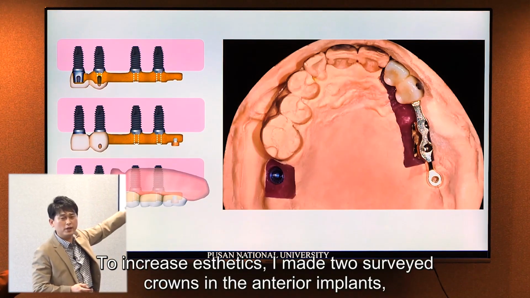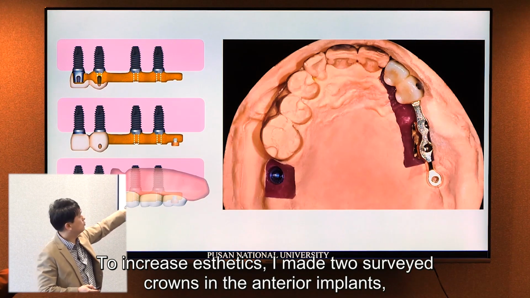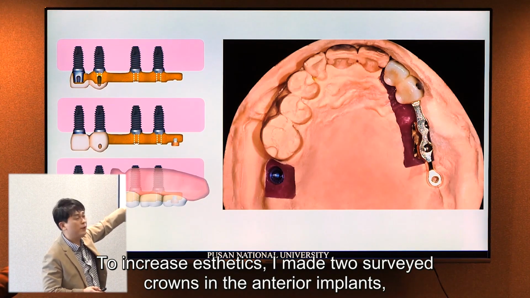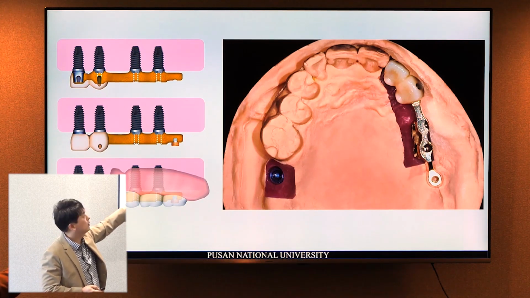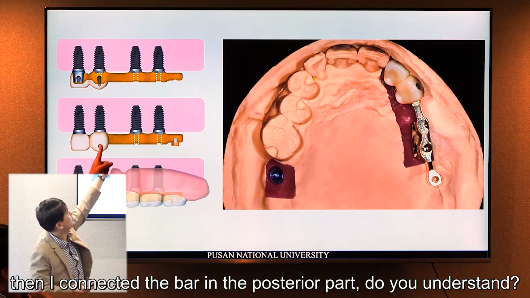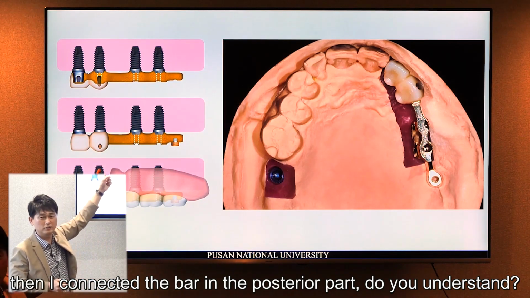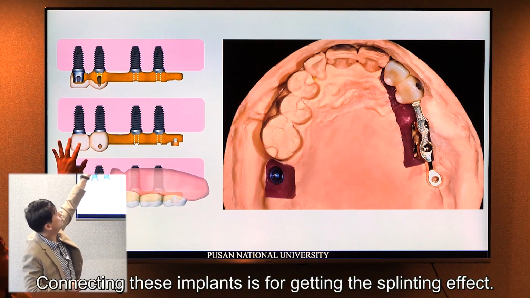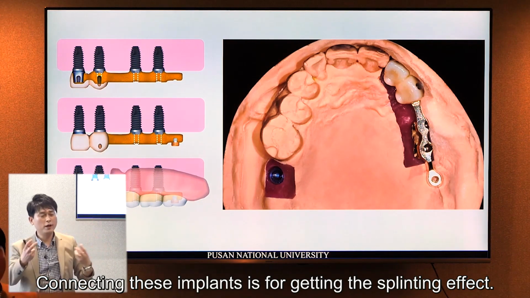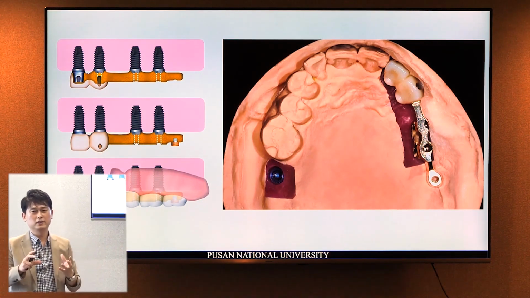To increase the aesthetics, I made the 2 zirconia crowns on the anterior implants, and then I connected the bar in the posterior part. Understand? Yeah, connecting these implants is for getting the splinting effect.